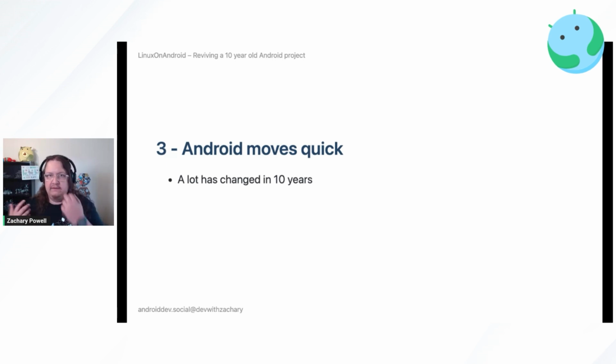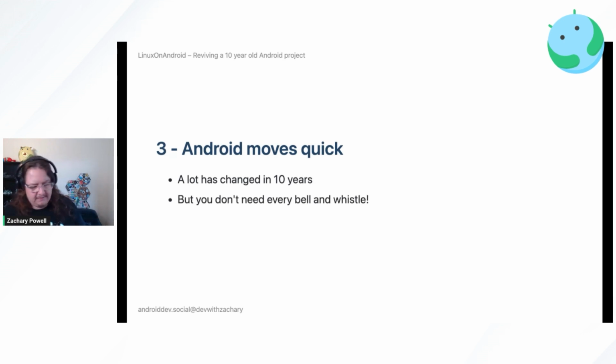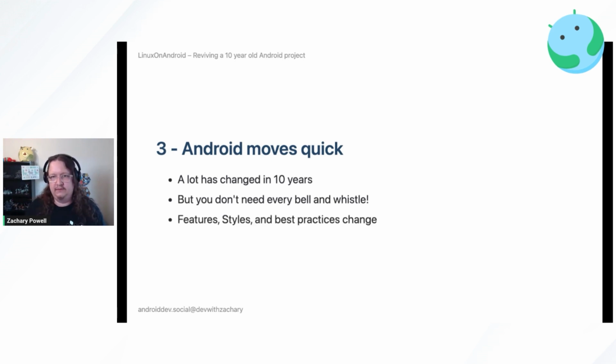All these things have evolved massively. But it's important to remember that you don't need every bell and whistle. What is your application actually doing? What does it need that's going to give it the best user experience for your users? Because features, APIs, SDKs, styles, theming, UI, best practices in general, they all change.